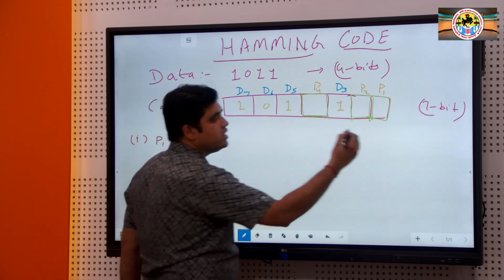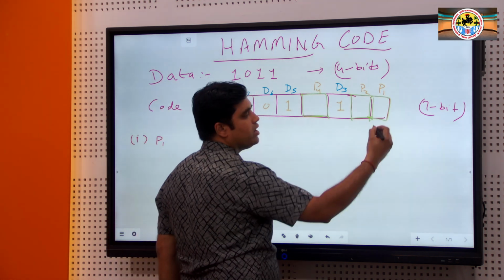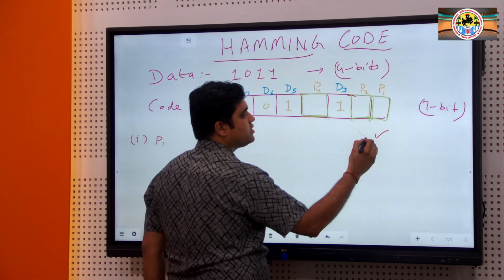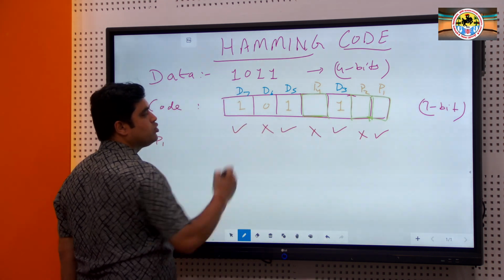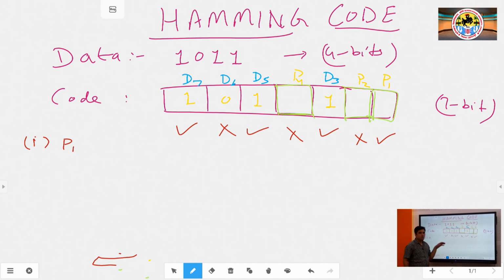I repeat, stand at 1, P1, check 1, skip 1, check 1, skip 1, check 1, skip 1, and so on. Here we get a group which is 1 3 5 7. So, for calculation of P1, we take the group 1 3 5 7.